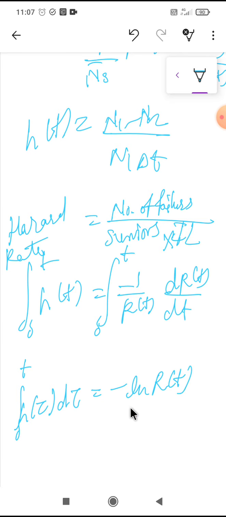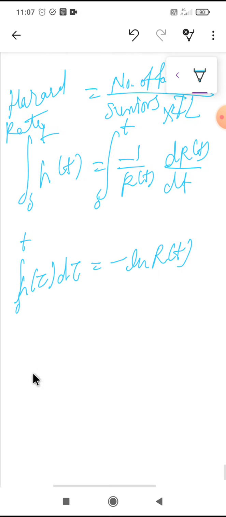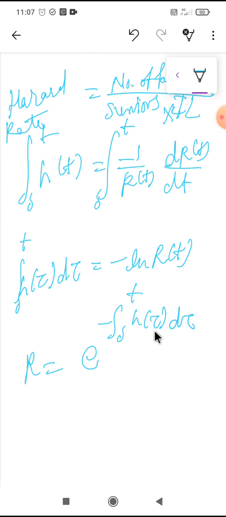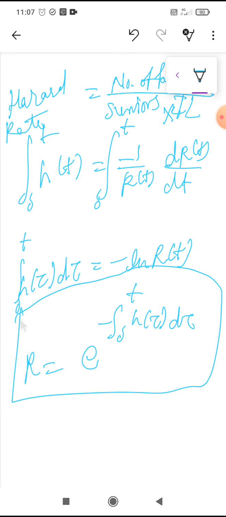So if I want to find r, reliability r is e raised to minus integration 0 to t h of tau d tau. This is the function of reliability in terms of hazard rate.